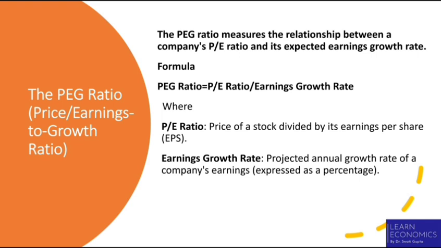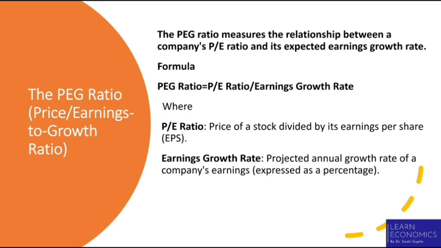In simple terms, we can say that the PEG ratio measures the relationship between a company's PE ratio and its expected earnings growth rate. The formula for PEG ratio is equal to PE ratio divided by earnings growth rate, where PE ratio is the price of a stock divided by its earnings per share, its EPS.